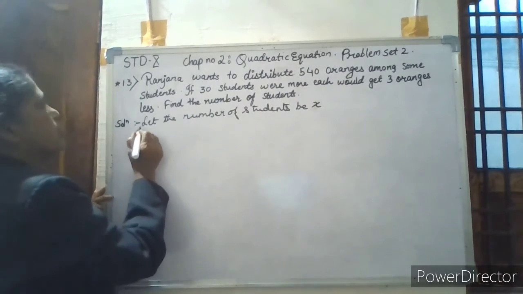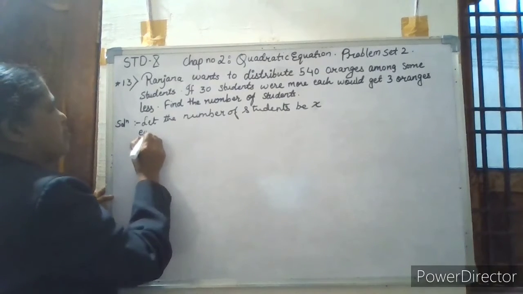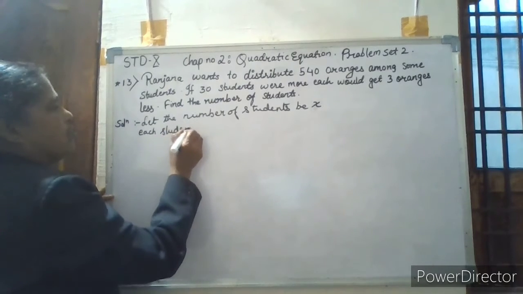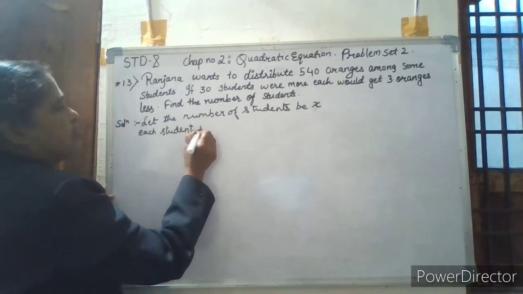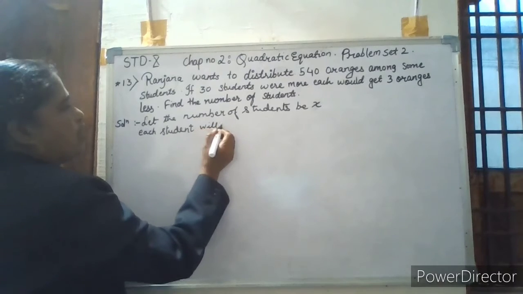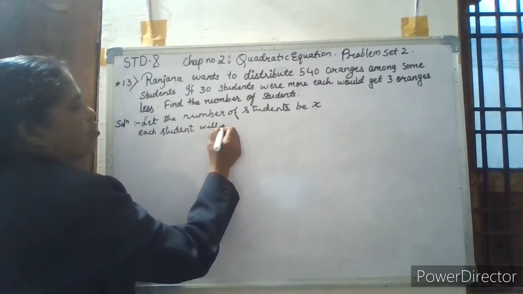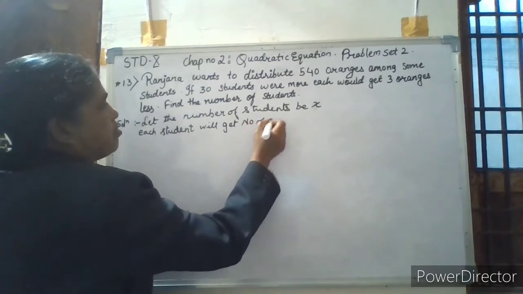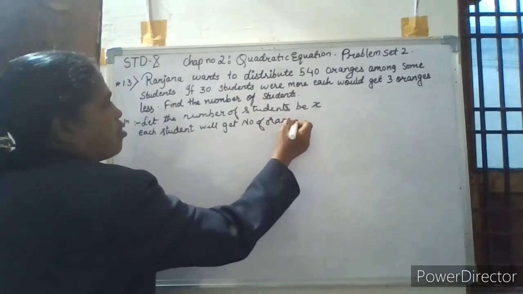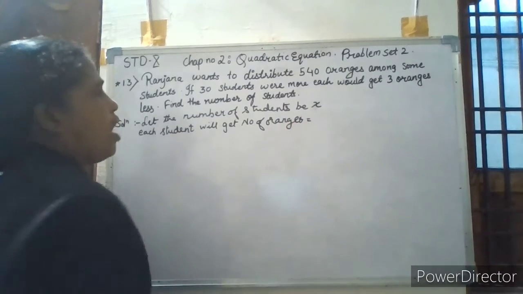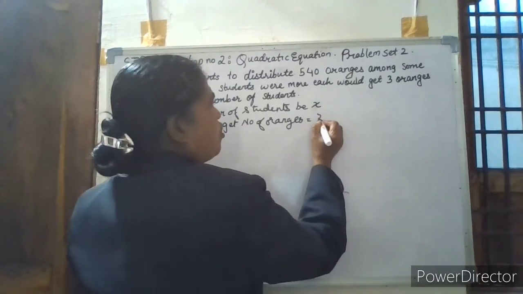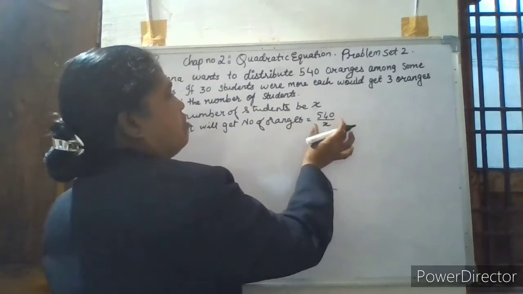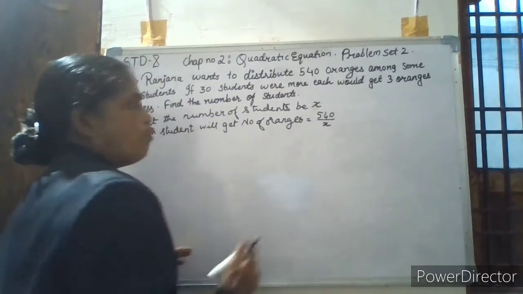Therefore each student will get 540 divided by x oranges. This many oranges each of them will get.